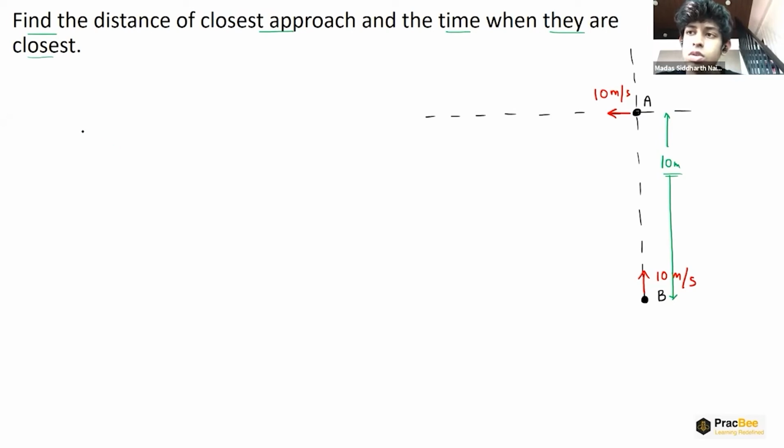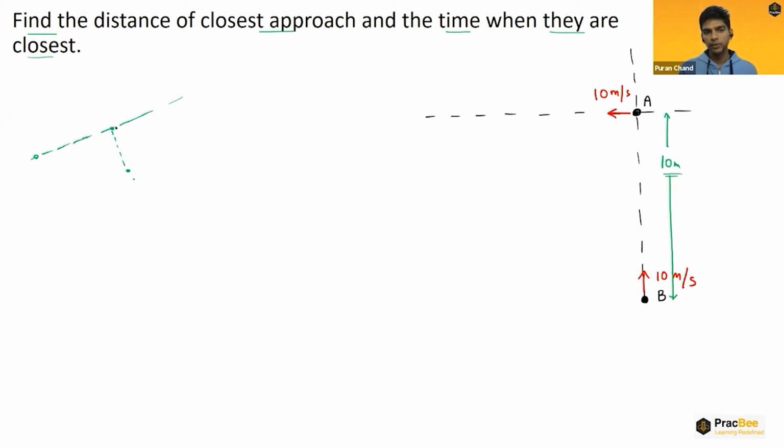And we know that if a particle is moving in a line, and this is the point, what should be the minimum distance? When the particle is right at this particular location, this distance will be minimum.